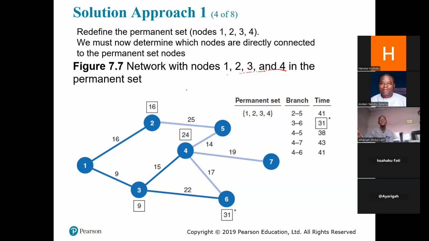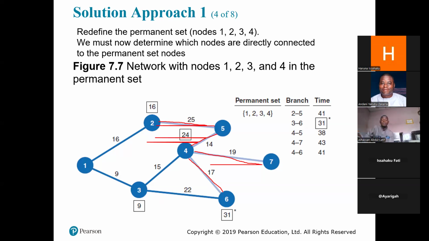So you see that 2 to 5, 4 to 5, 4 to 7, 4 to 6. These are the remaining ones. And you see that we are left with 3 destinations to connect. Okay, so once we connect these 3 destinations, our job is done.